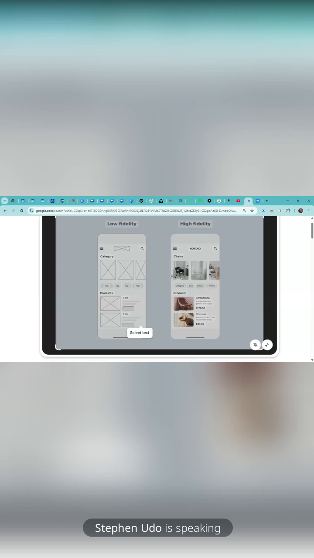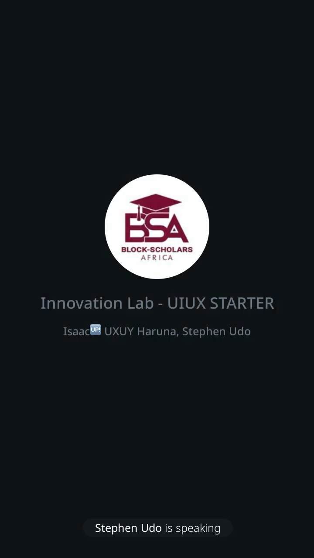So the mid fidelity wireframe is not low, is not high. It has not been completed yet, but there are some remarkable changes in the design. Let me show you for mid.